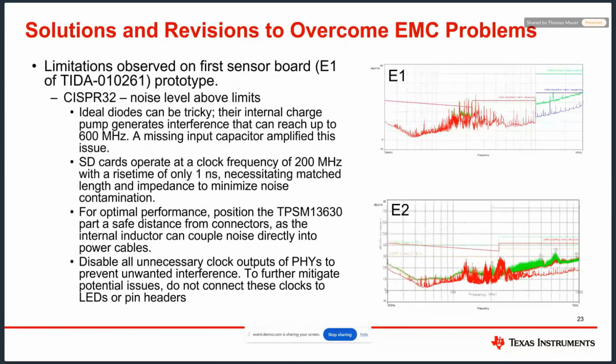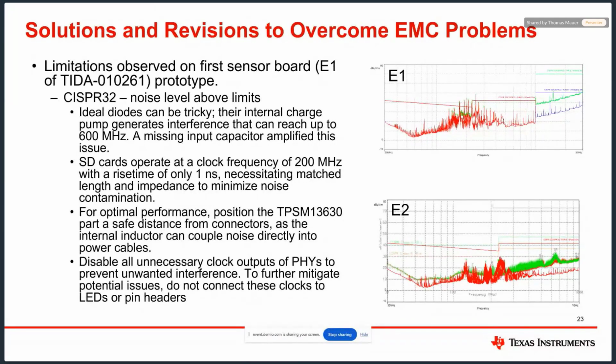The second item is the SD card, which operates up to a frequency of 200 megahertz. Because of these fast rise times of only 1 nanosecond, here we matched the length and also matched the impedance to minimize the noise contamination.